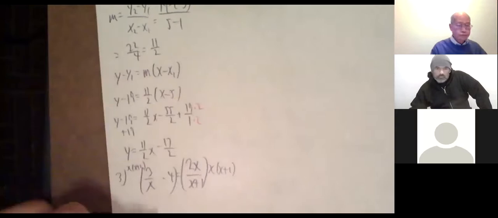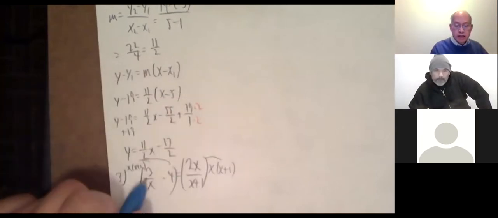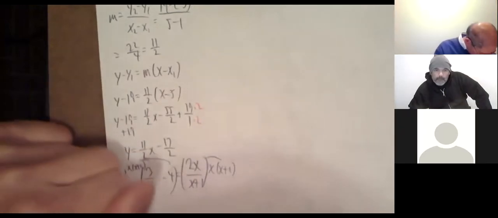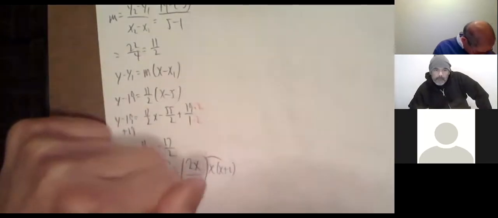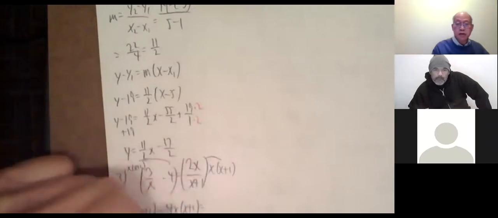Multiply each term by it. Distribute, distribute, distribute. x will cancel out, so I'll have 3 times x plus 1, minus 4x times x plus 1 equals, x plus 1 cancels out, so I have 2x times x, which is 2x squared.